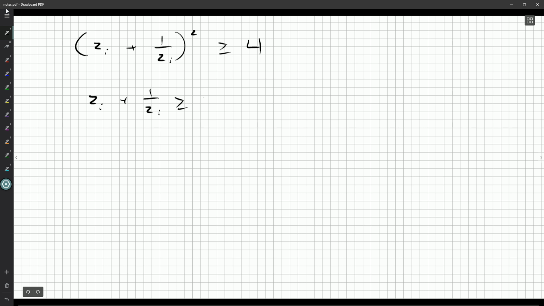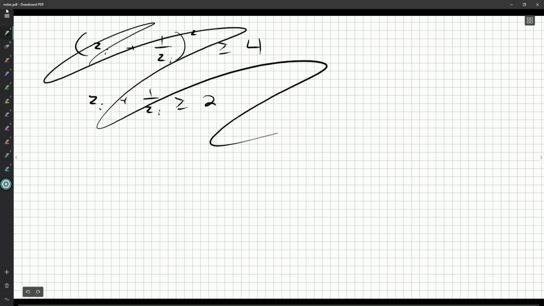And so does the right-hand side. So zi plus 1 over zi is at least 2. No, that still doesn't really help me. I'm not learning anything. And what I'd like is to get greater bounds on these xi's.